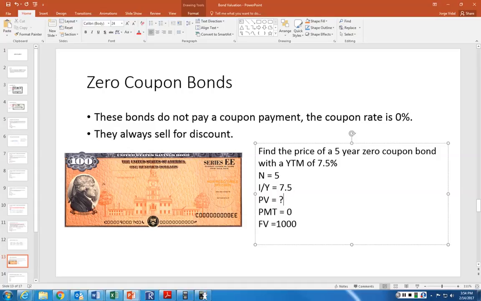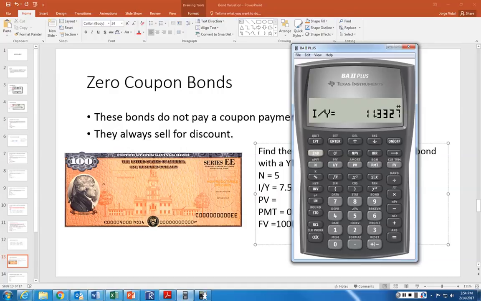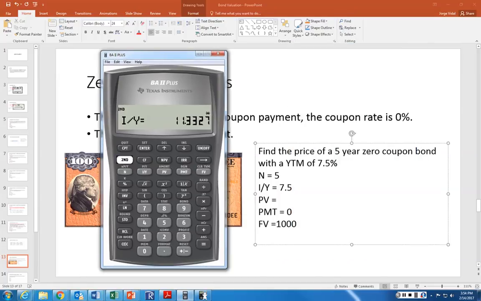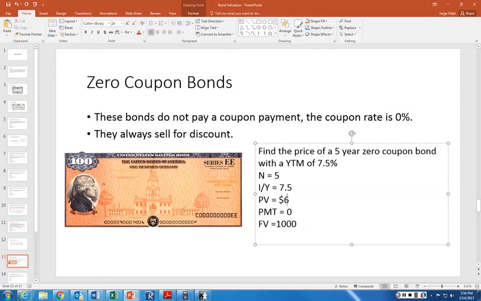So the value of this bond will be, new bond, so clear the TVM. 5 N, 7.5 IY, payment 0, future value 1,000. Compute. So you'll pay for this bond $696, which is a discount.